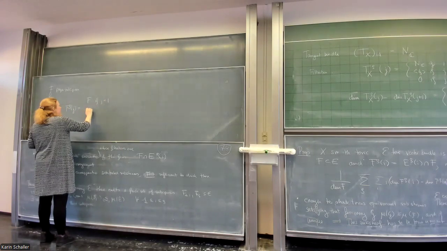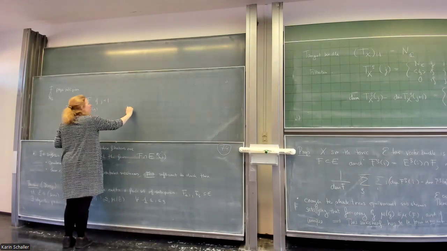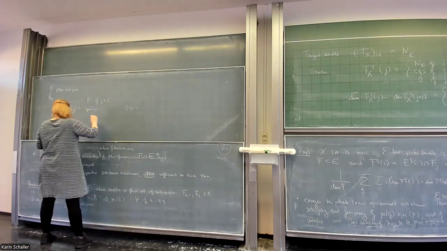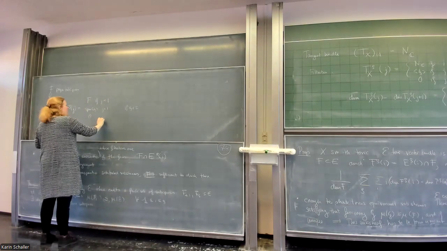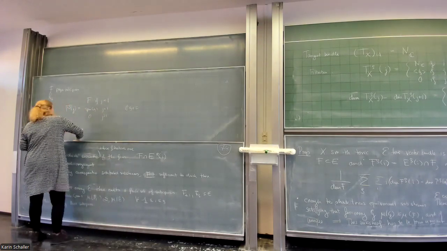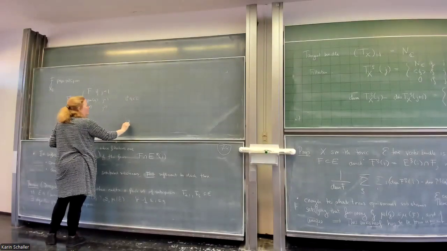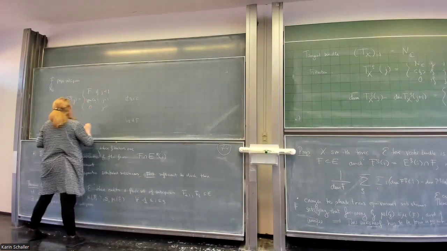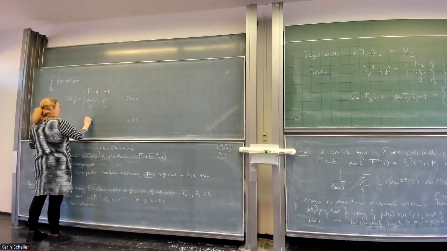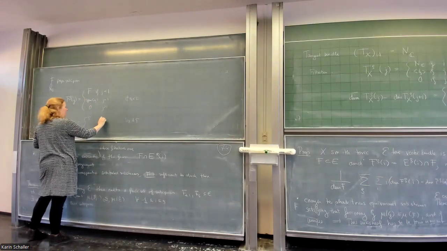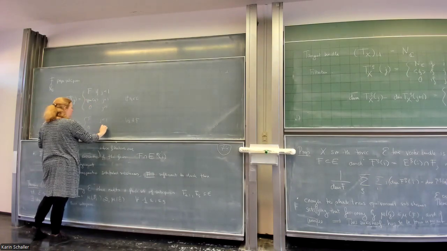Let's span the rho. So this is if the rho is in F: it is equal to 1 if J is equal to 1, and 0 if J is greater than 1. And if the rho is not in F, then this is equal to F if J is less than 1 and 0 if J is greater than or equal to 1.